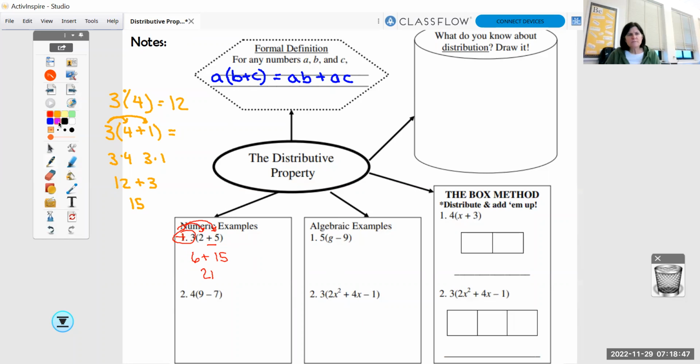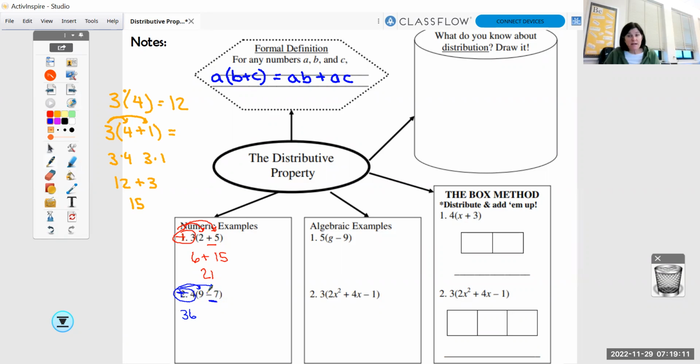Now, what happens if it's subtraction? That one looks a little bit different. So let's take a look at the one underneath, which is subtraction. Remember, you can pause this video if you need to. So for number 2, we have a positive 4 being distributed. So 4 times 9 is 36. Use your calculators if you need to. And 4 times negative 7.